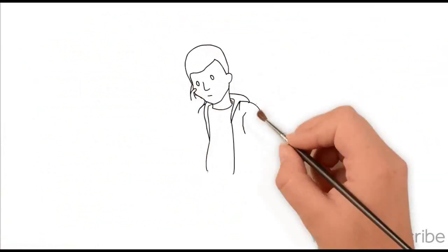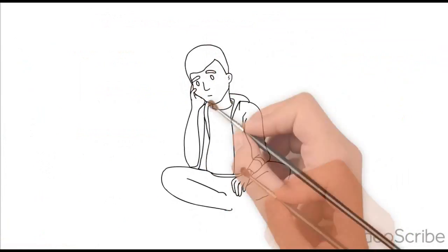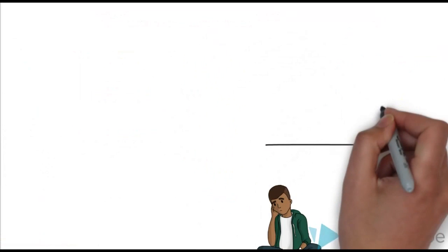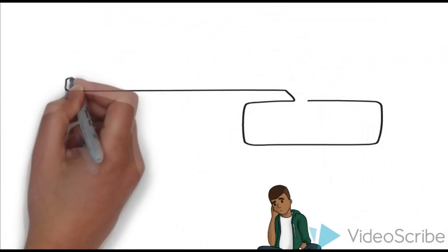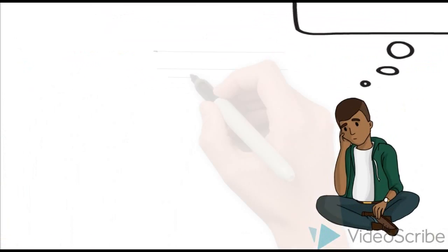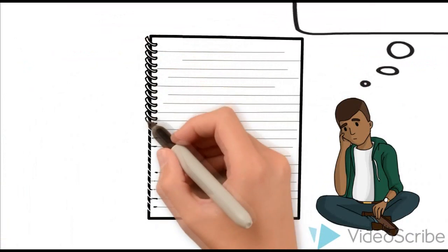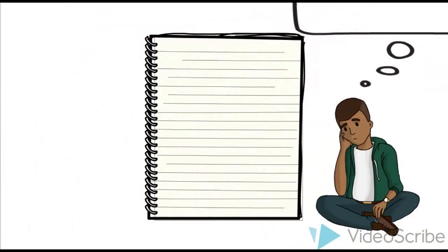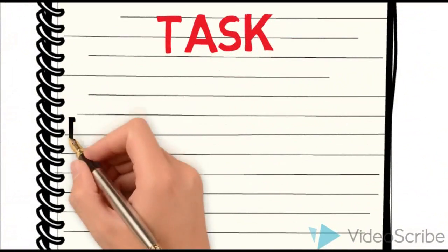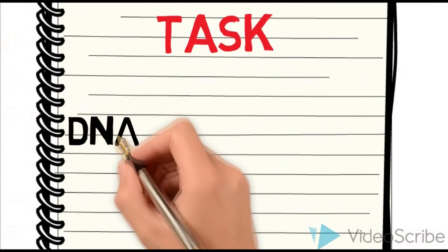Let's solve a task which a student has. Right now, he's thinking about it. He has two big questions. Let's look at his task. In the task, you see one of the DNA strands.